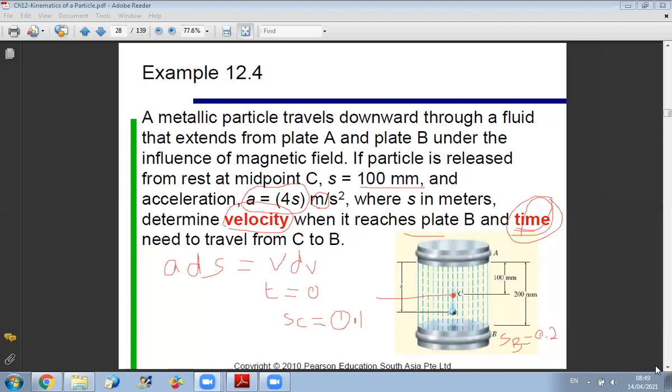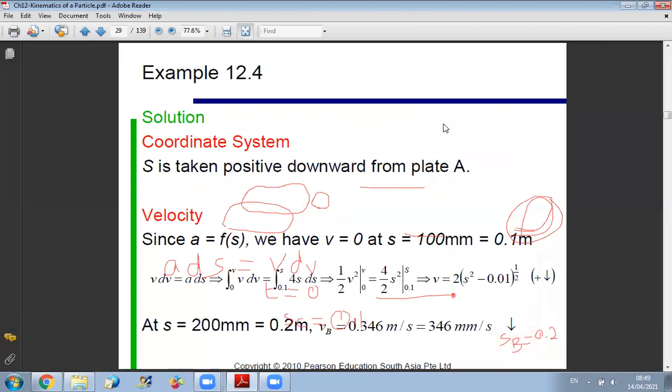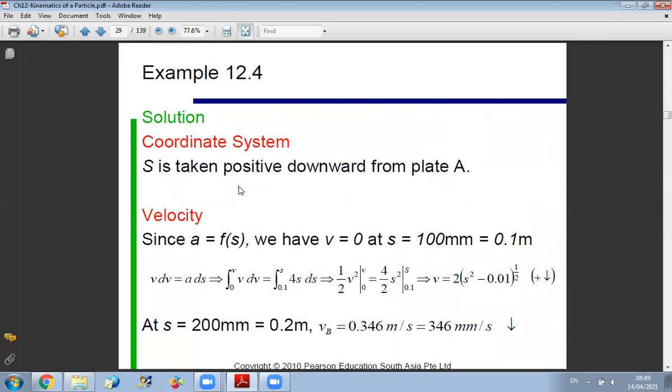As a first step, in v dv equals a ds, I will replace a by 4s. Then I will perform my integration between, for velocity it's starting from rest, so from 0 to v, while for s it's starting from point C, so from 0.1 to s.